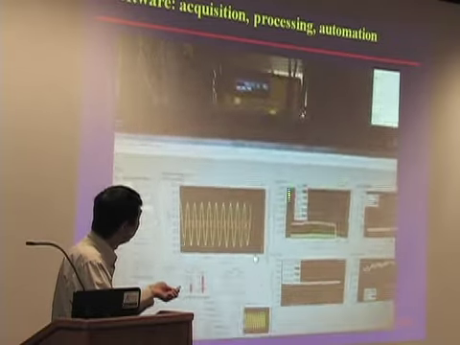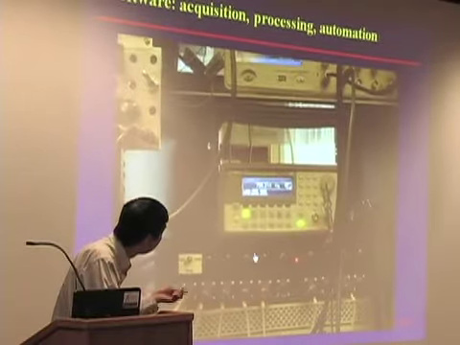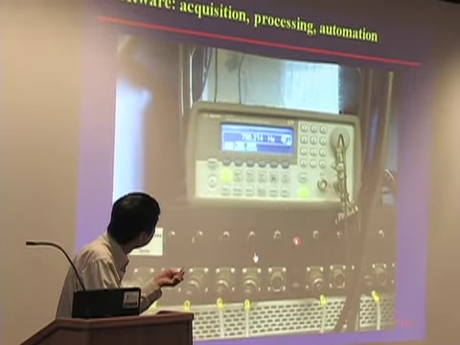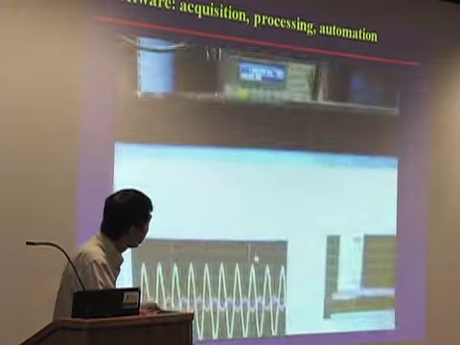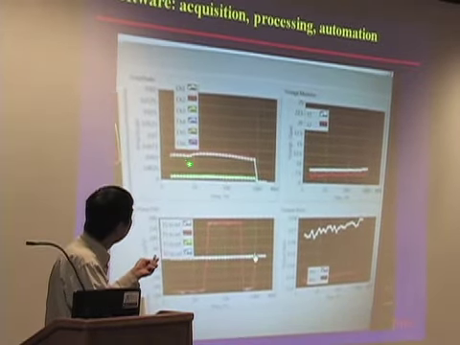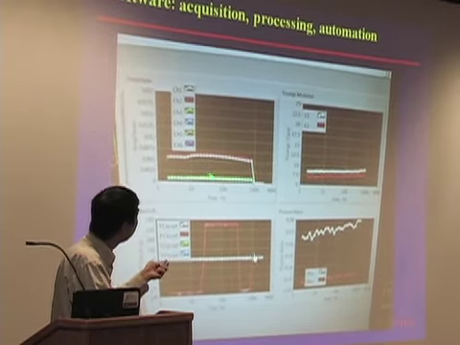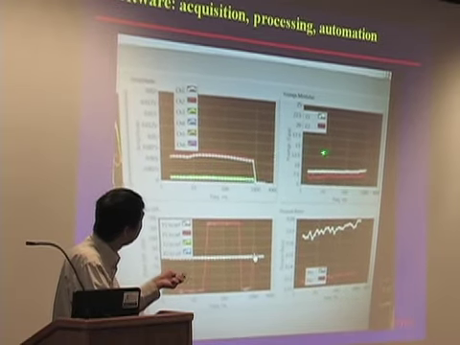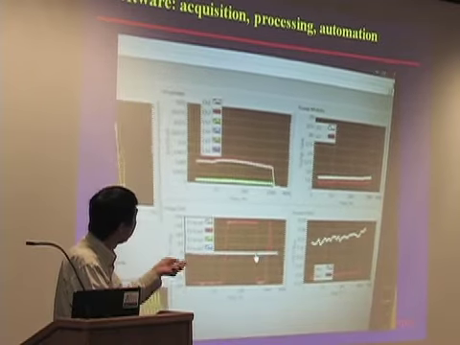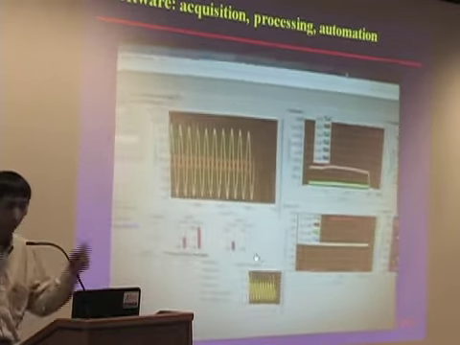And here we can look at how it changes from one frequency to the next, 796 and goes to the next frequency. Then after it finishes acquisition from one frequency, immediately we can calculate the amplitude, Young's modulus, Poisson ratio, phase difference, and display immediately. So it's a real-time system.